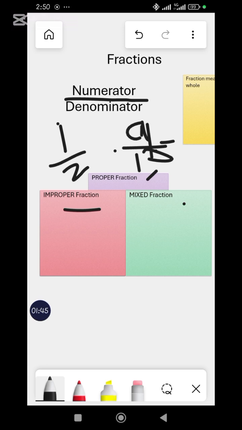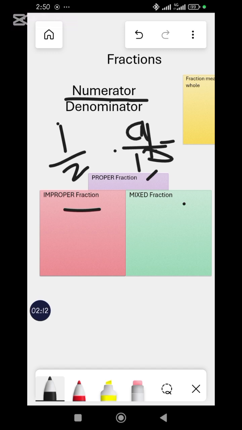Now for mixed, when you hear mixed, what comes to mind? Mixed, mix things together, put 2 and 2 together, different things, like you want to drink tea, mix chocolate and milk together. So that's what mixed fraction is. Mixed fraction has a fraction and a whole number.